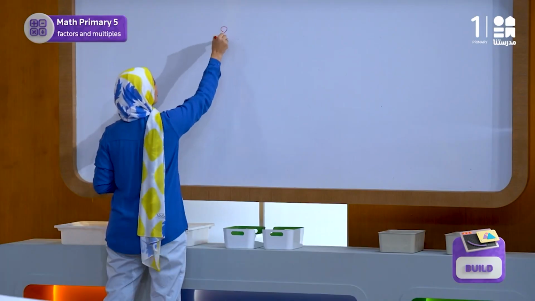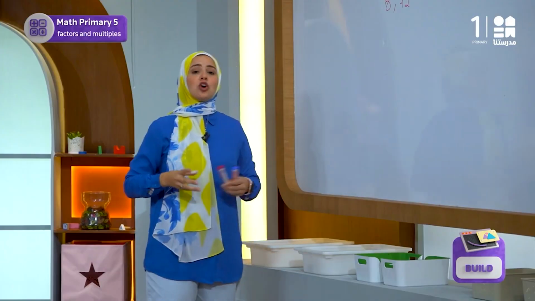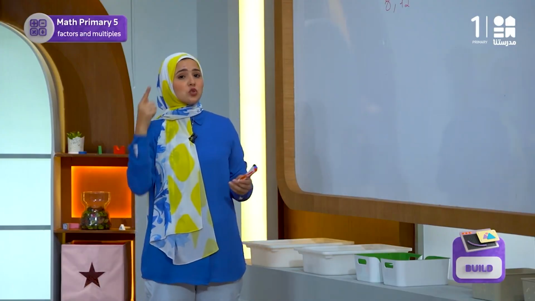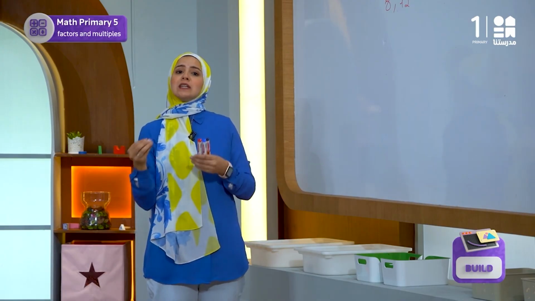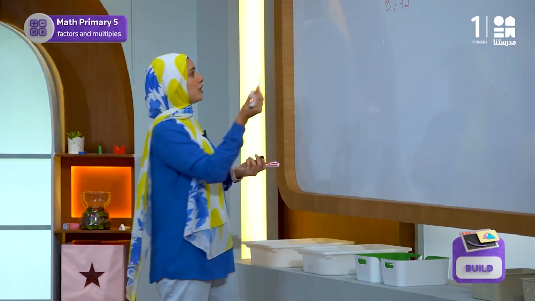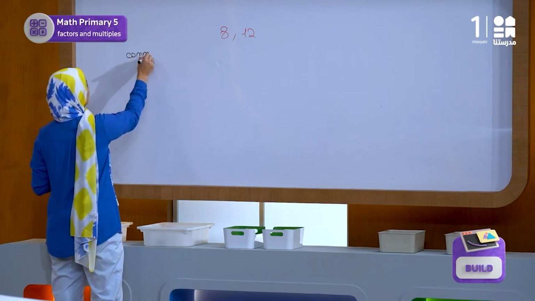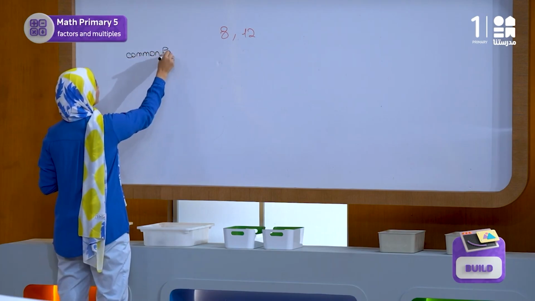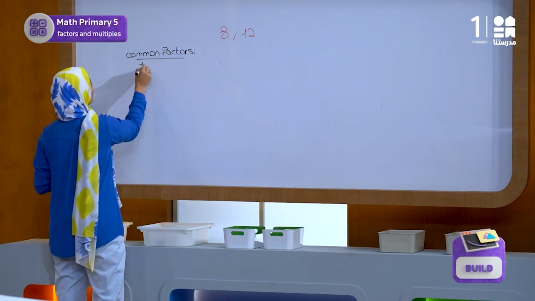So what are my 2 numbers? 8 and 12. How do I find common factors? The first number that we can think of is 1, because 1 is a common factor for all numbers.